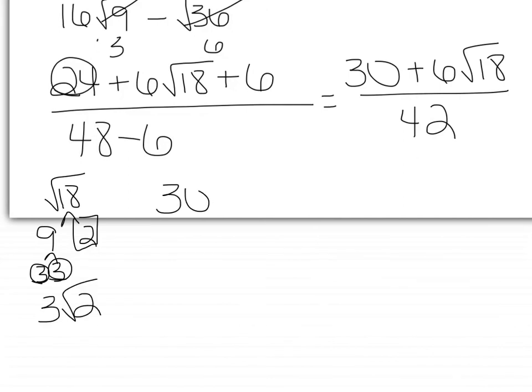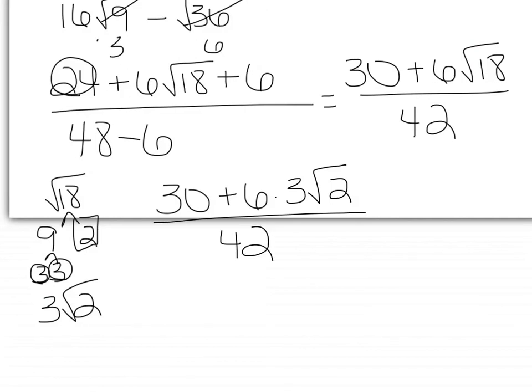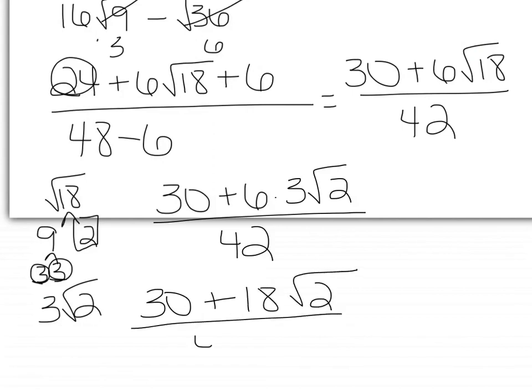So I'm going to rewrite my answer, and instead of square root of 18, which is what I had before, I'm going to write 3 square root of 2. So times 3 square root of 2 all over 42. So then I have 30 plus 18, because 6 times 3 is 18, square root of 2 over 42.